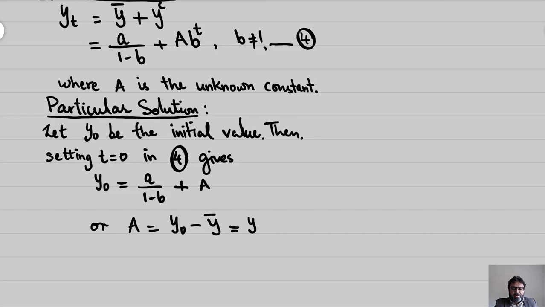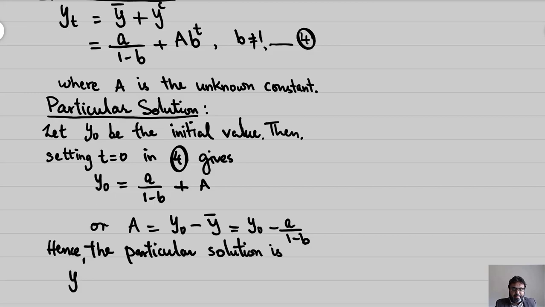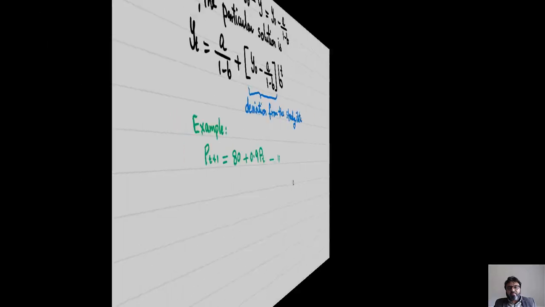So once we know the initial value, we can find the unknown coefficient A from the complementary solution and substitute that into our general equation to yield the particular solution. So our particular solution takes the form where y equals the steady state plus the deviation from the steady state times b^t.